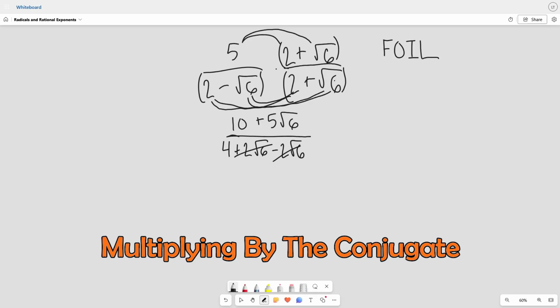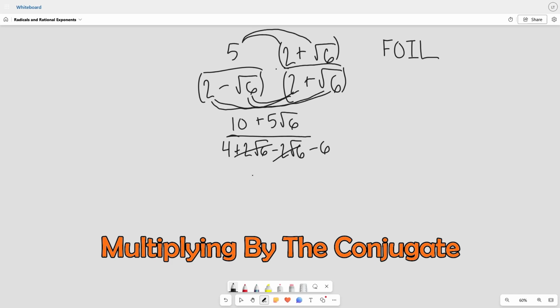But now you multiply your last terms together. Remember, we can get rid of the square root, and don't forget your negative. So this will be minus 6. And now we rewrite.